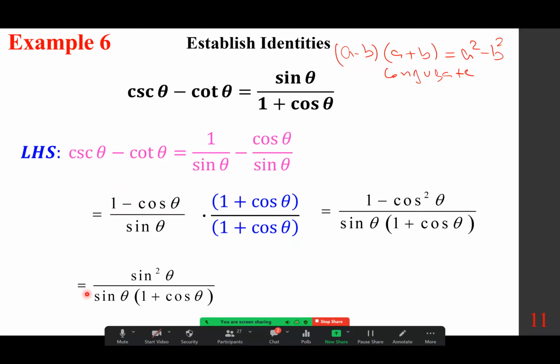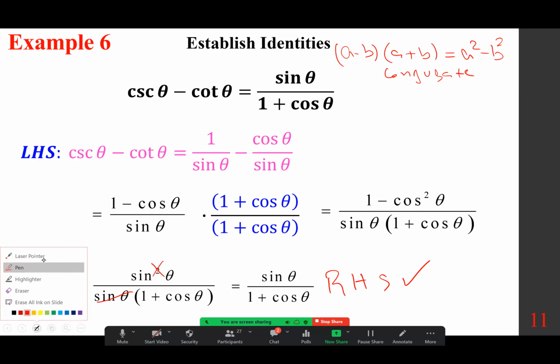Now this goes away. And the exponent goes away. And that's the right-hand side. So you can easily see the answer.